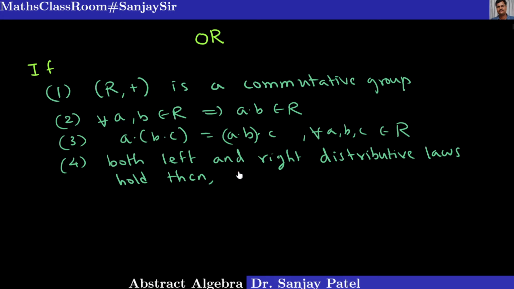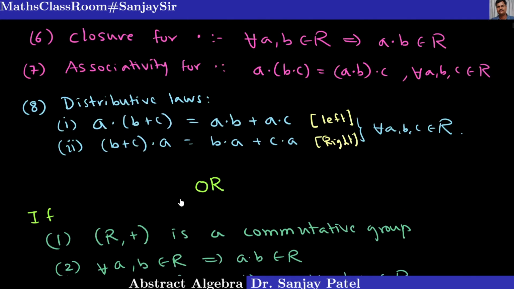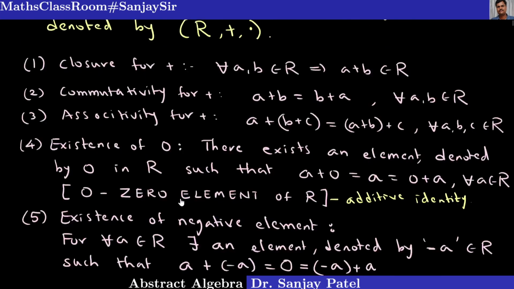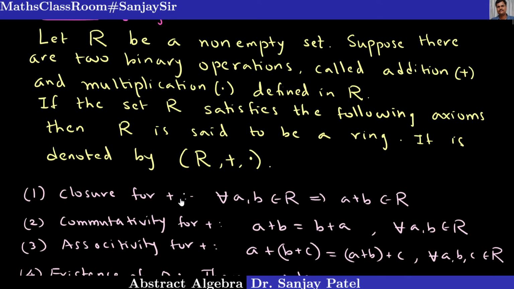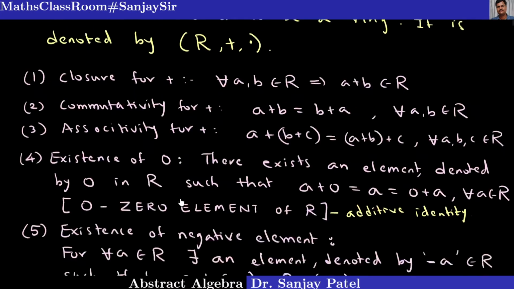Then R plus dot is called a ring. So this is our definition in short form or a compact form, and the earlier list describes all the properties in detail. So this is our definition of ring.